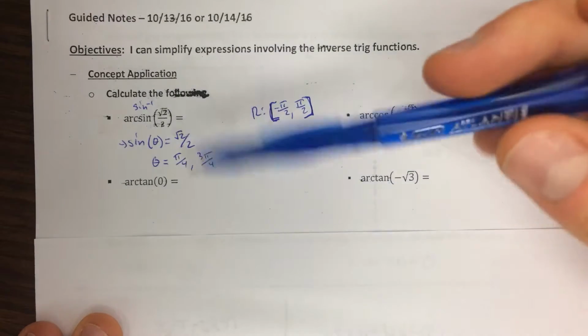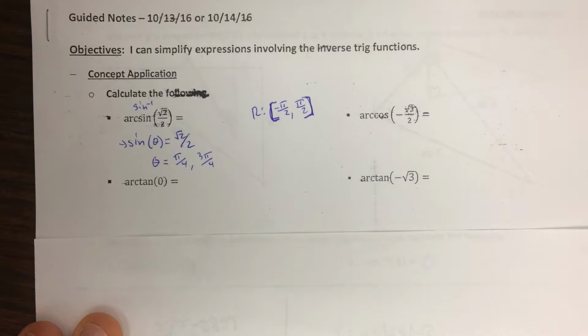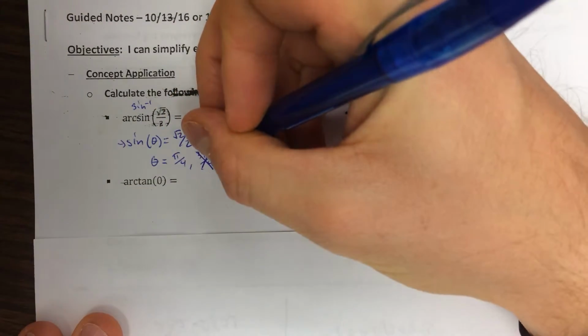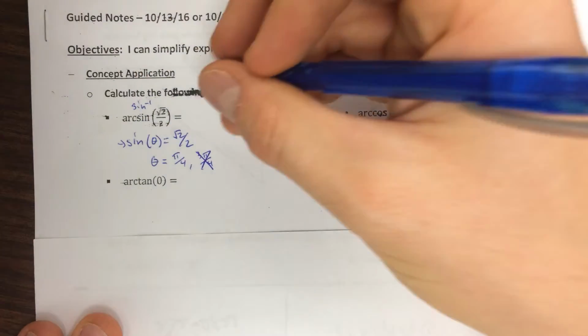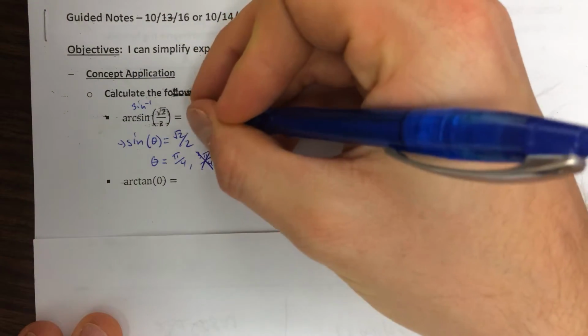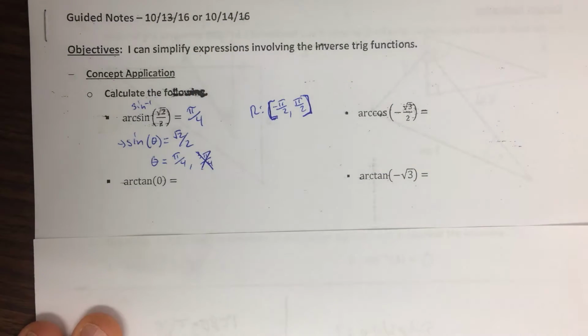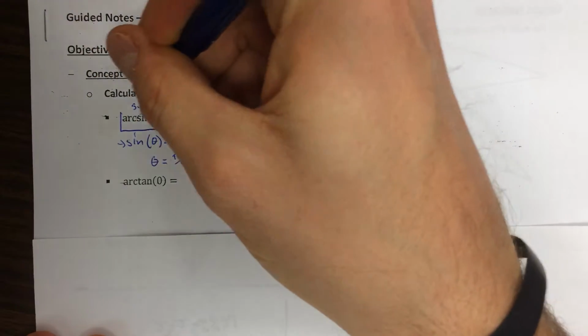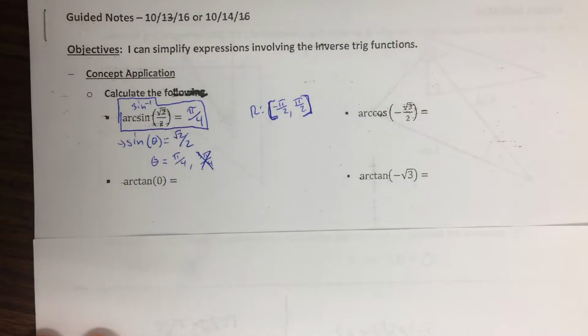So we're really looking on the right half of the unit circle, if you will. 3 pi over 4 is out of our range, so it can't be 3 pi over 4. So the value of sine inverse or arc sine of square root of 2 over 2 is pi over 4. And that's our solution here.